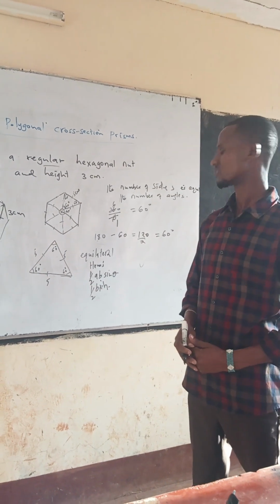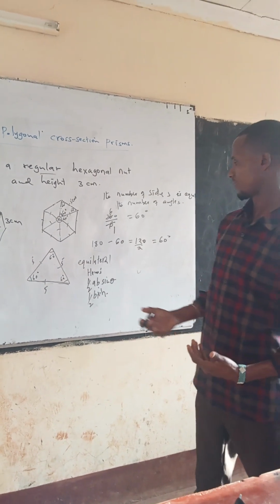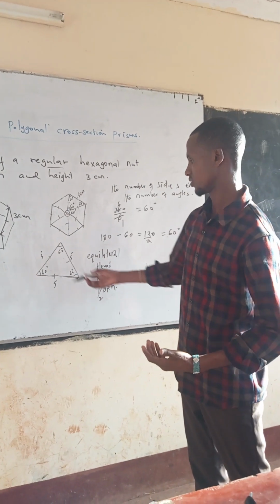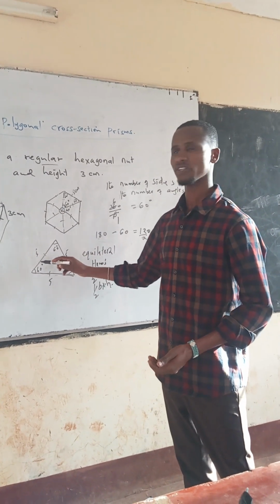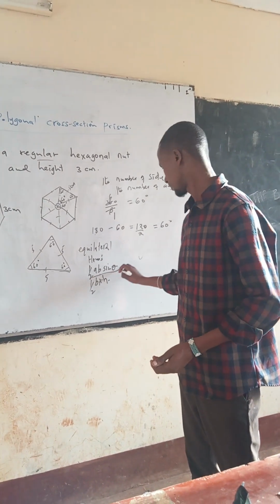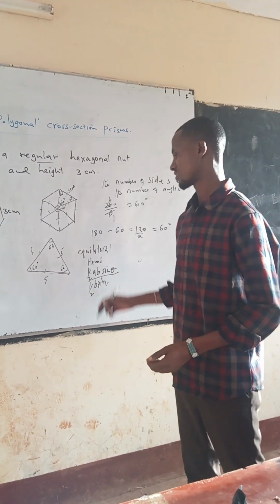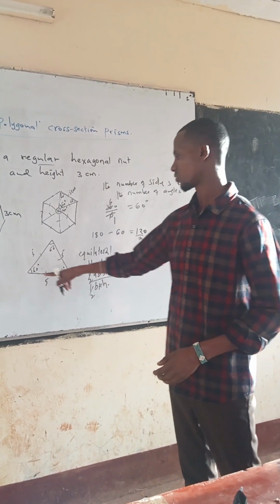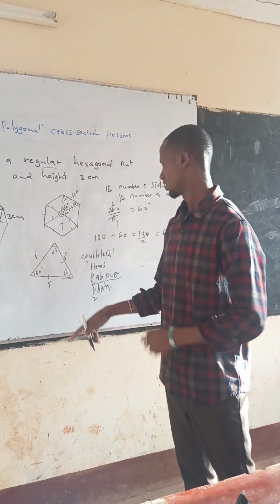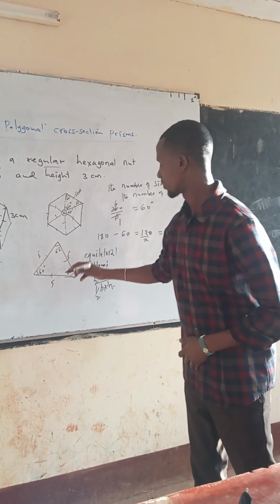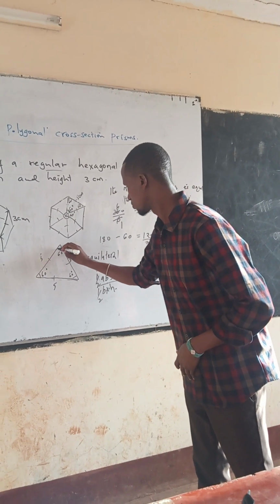So here we can use any. Because this is a Form 2 topic, we can use half AB sine theta, where theta is the included angle. So we take this to be our theta.